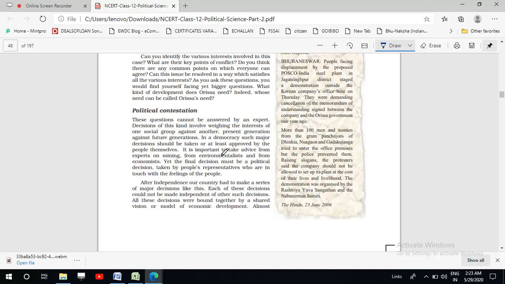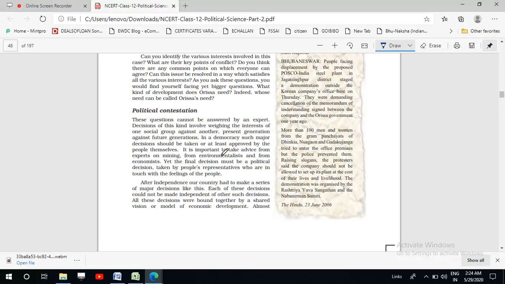Okay, so whenever a decision is going to be taken, how should the decision be taken? In order to take a proper, balanced decision, there must be weighing of the interest of one social group against another group.